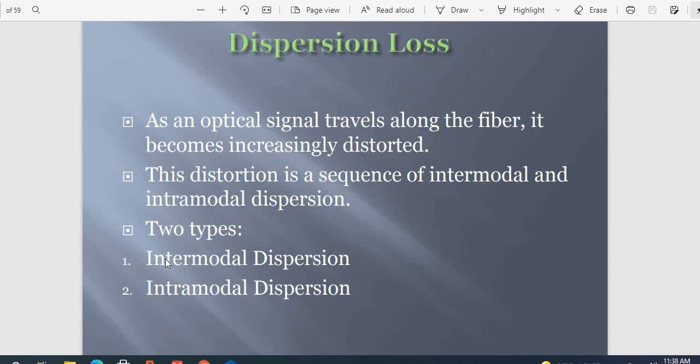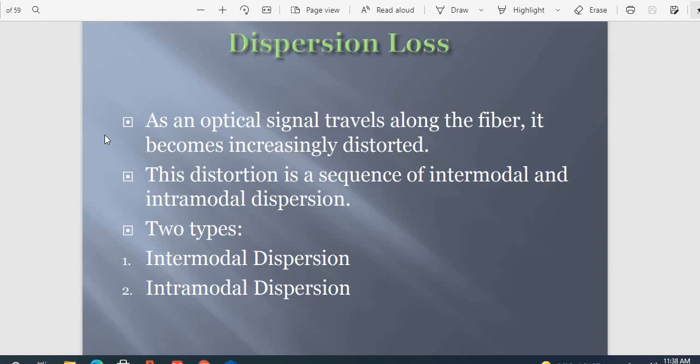Distorted means the signal is not in a proper form, because it varies as it travels from one end of the fiber to the other. This distortion is a consequence of intermodal and intramodal dispersion. We are now going to see these types of distortion.